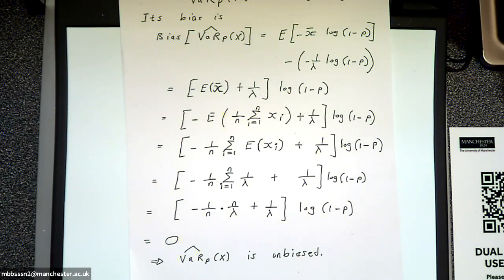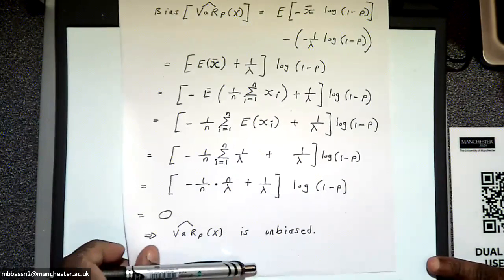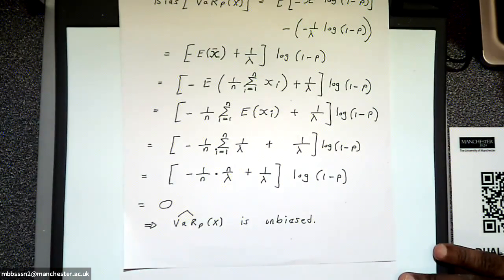Now the second part of the question is I also want to show that the MSE, which stands for mean squared error, approaches 0 as n approaches infinity.